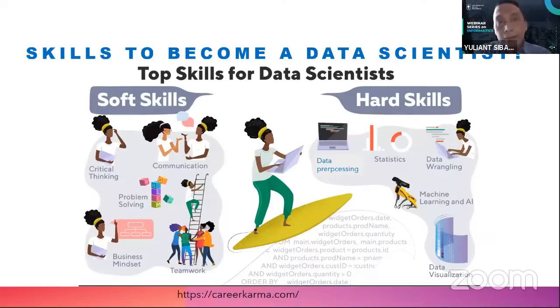And the second group is hard skills, including data preprocessing, statistics, data wrangling, machine learning, AI, and data visualization. But in this presentation, I will focus more on discussing 5 skills in hard skills.